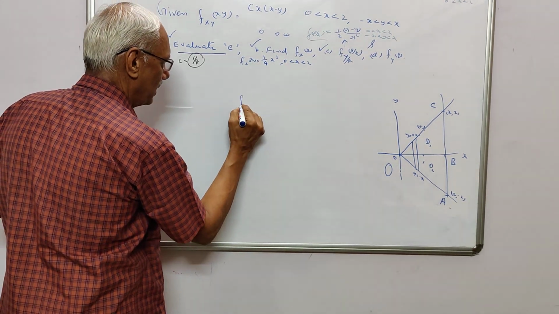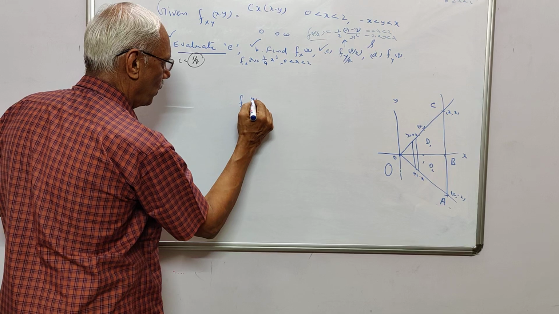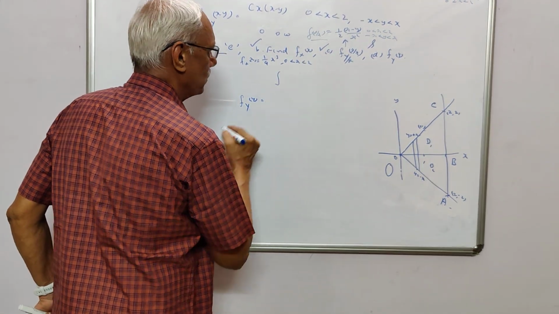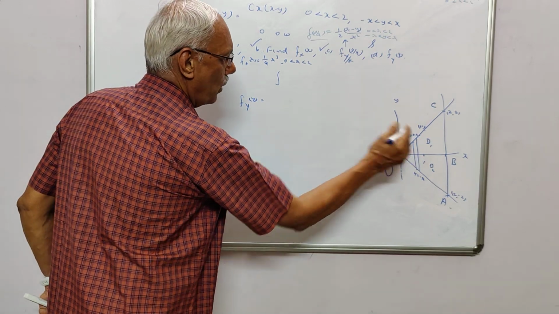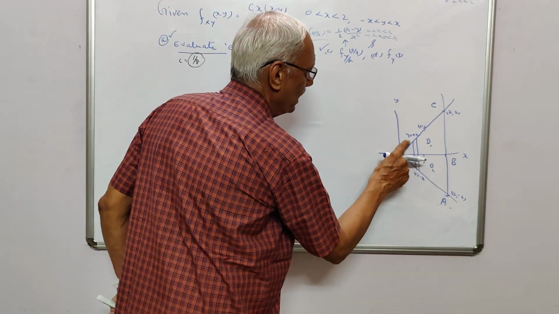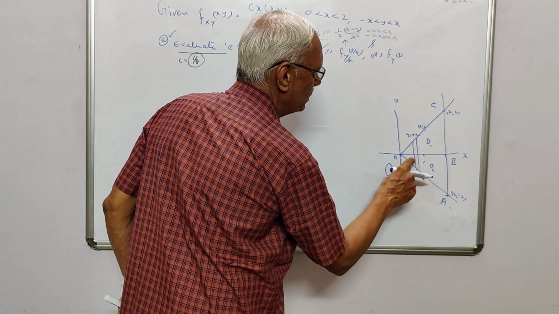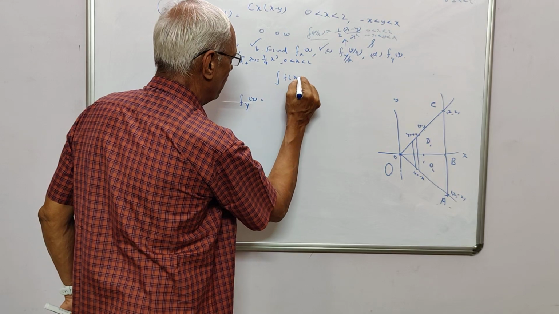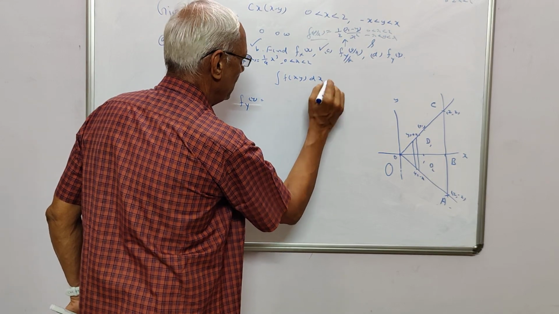See, f y of y will be equal to, in the first one, it will be on d1. See, in d1 what happens is, first write like this, f of xy into dx.